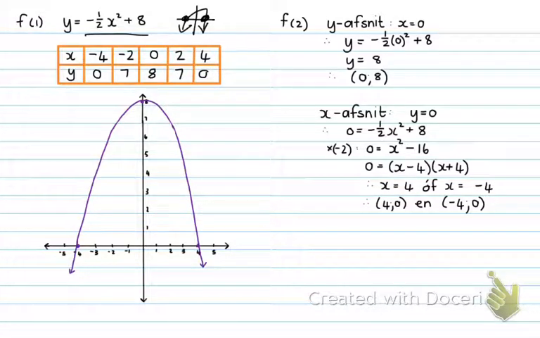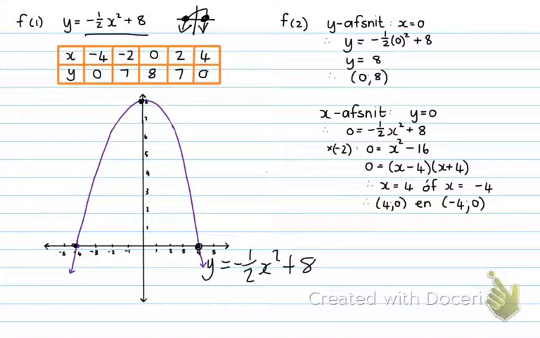First I put all those x values into the x of the equation, and then I get my y values 0, 7, 8, 7, 0, and I draw them. The x-intercepts and the y-intercept, and I make a curve with arrows at the ends, and I write down the equation: y is equal to negative a half x squared plus 8.